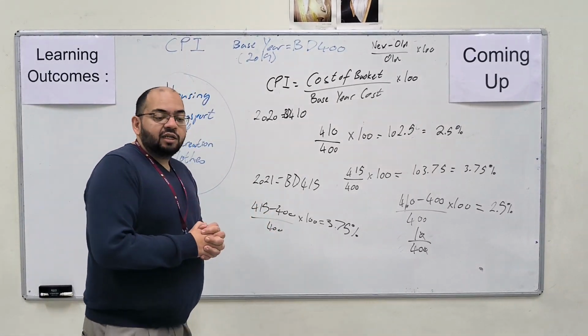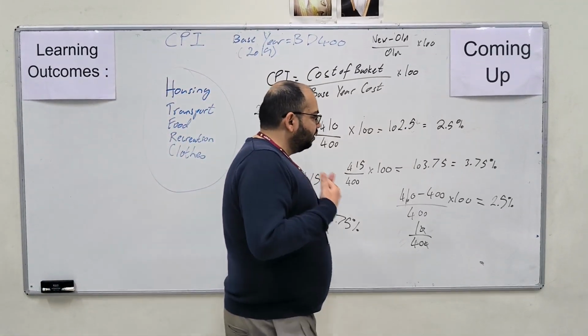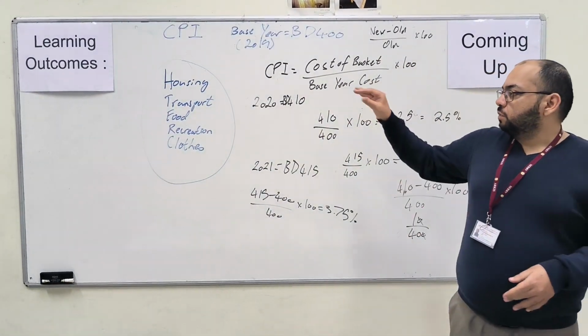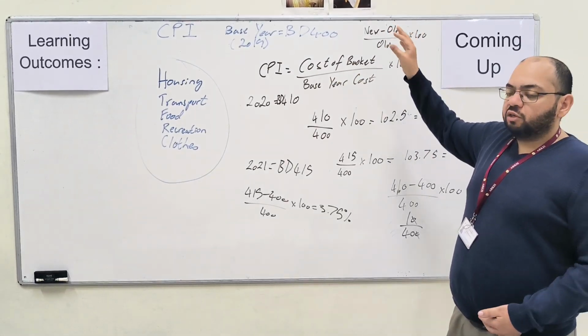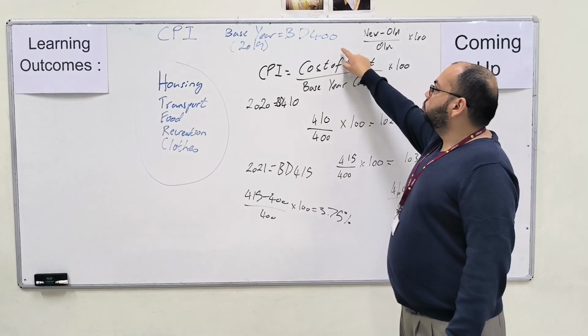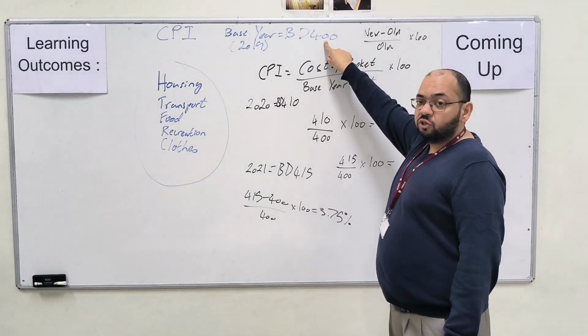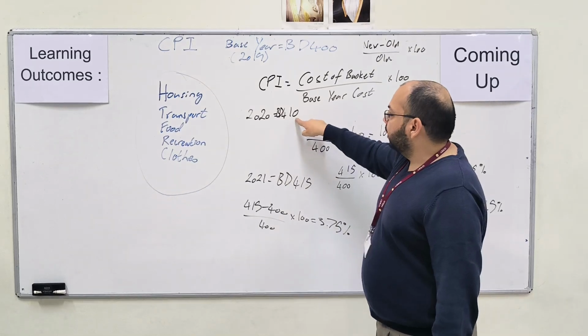That's how you calculate or measure inflation using the CPI. So to do a quick review, the CPI is a basket of goods. It calculates the inflation rate comparing from 1 year to the base year. So in this instance, in 2019, a basket of goods cost 400 dinars. In 2020, it cost 410.